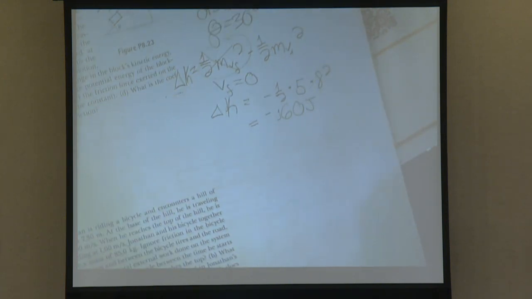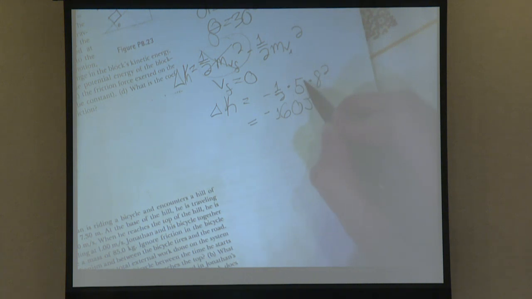And then we have negative 1/2 times our mass, 5 kilograms, times 8 squared, which is equal to negative 160 joules. When you're talking about energy, it's always going to be in joules. This is in kilograms, and this is in meters per second squared. So a joule is kilograms times meters squared per second squared.